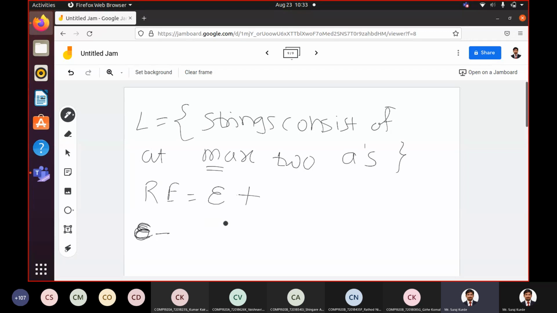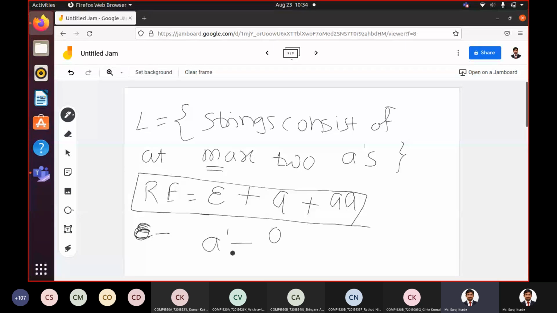Second, if it is 1 time, then we write A. And if it is 2 times, double A. So check whether this regular expression represents the language which consists of A's repeated 0 times, 1 time, or 2 times. Only these three possibilities are there.